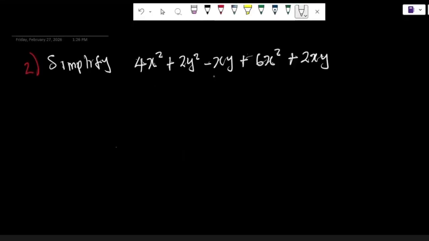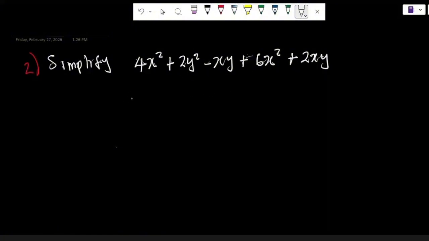So here's another question for you. Simplify the expression 4x squared plus 2y squared minus xy plus 6x squared plus 2xy. So how do we go about it? Well, first of all, you have to analyze carefully the entire expression given.